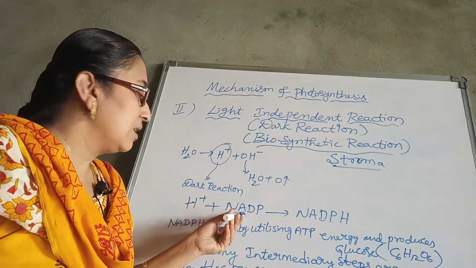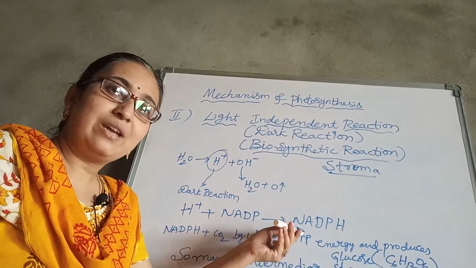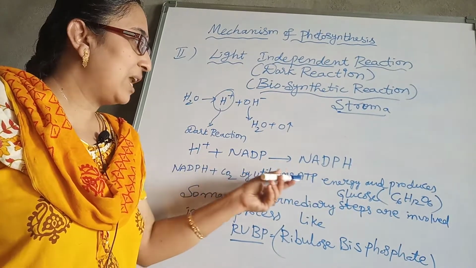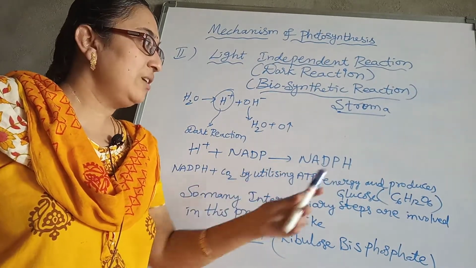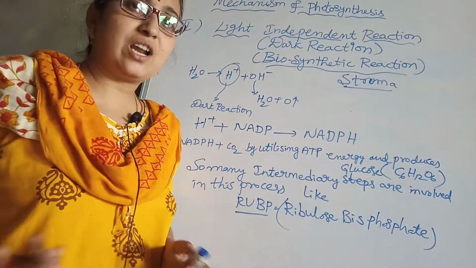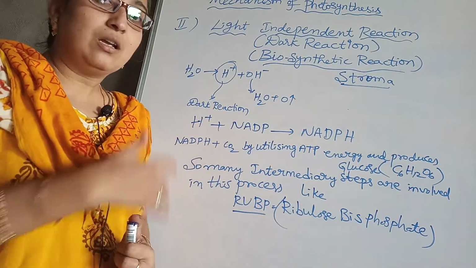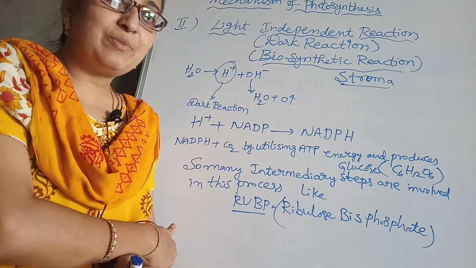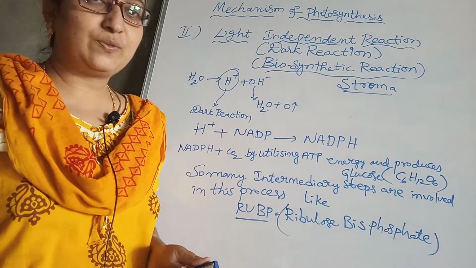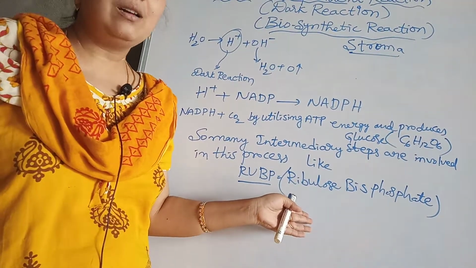These H plus ions will combine with NADP in the dark reaction and form NADPH. NADPH plus CO2, by utilizing the ATP energy, produces the glucose molecules. There are so many intermediary steps involved to complete the process, like RuBP, that is ribulose 1,5-bisphosphate. So many intermediate compounds are required to complete the reaction.